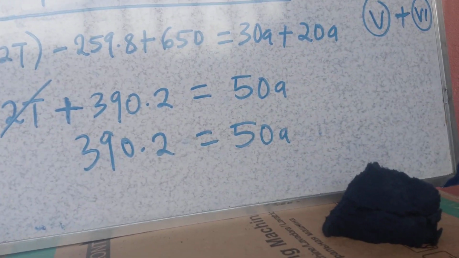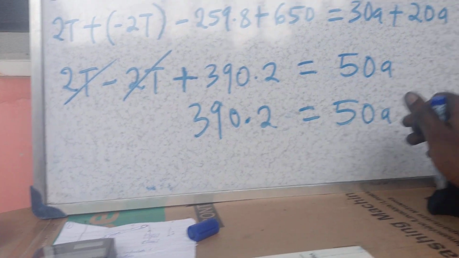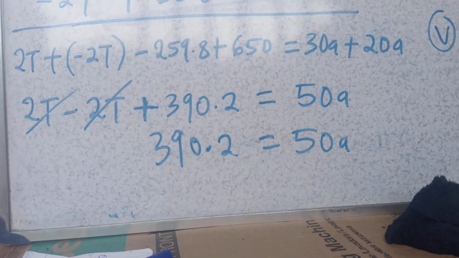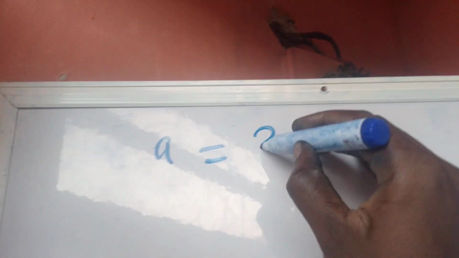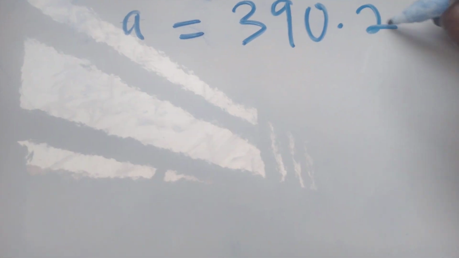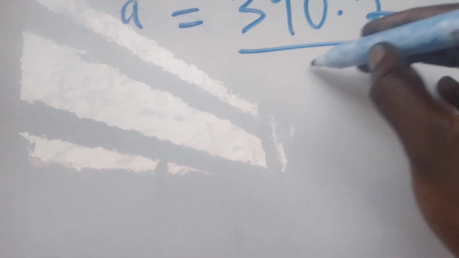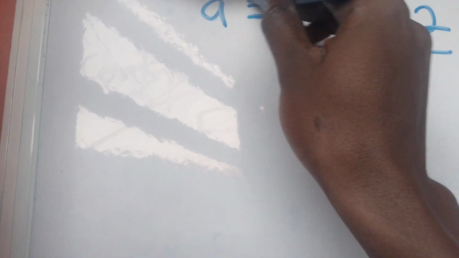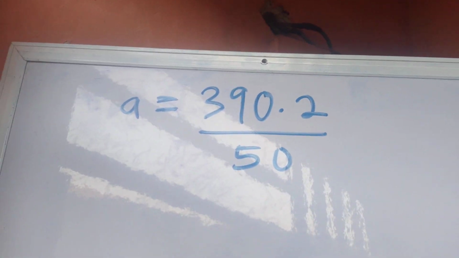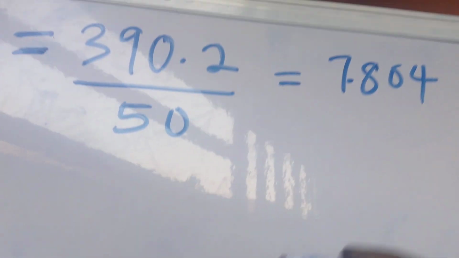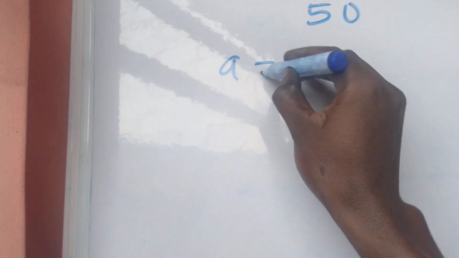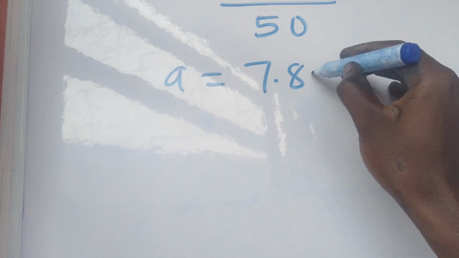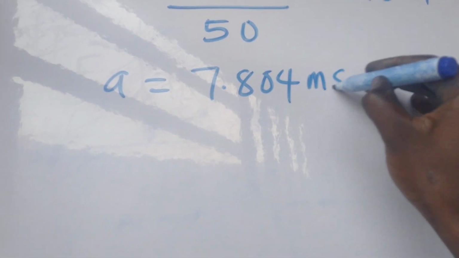I'll make A subject of formula by dividing by the coefficient. The coefficient of A is 50, so I'll divide by 50. A equals 390.2 divided by 50, which gives me 7.804. So the linear acceleration A is 7.804 meters per second square.